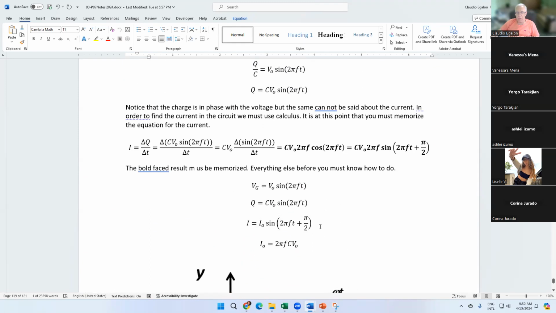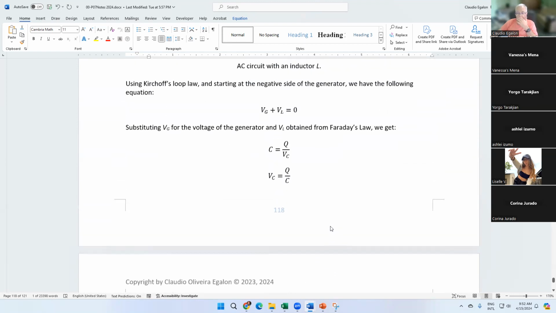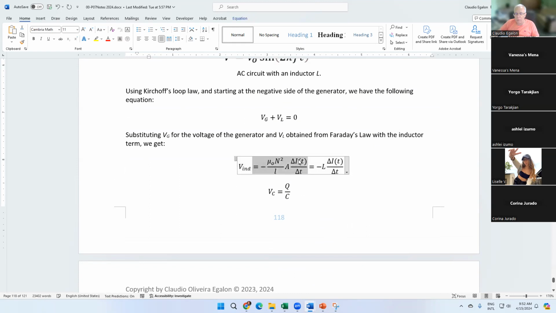And we want Faraday's law with the inductor term. We get, okay, and then I'm going to put L instead of C, for the inductor, just to keep what we do not need anymore.